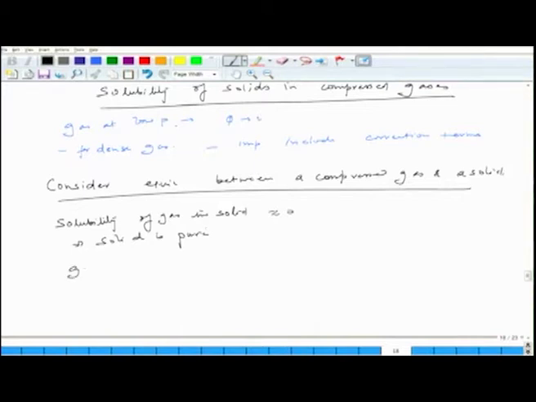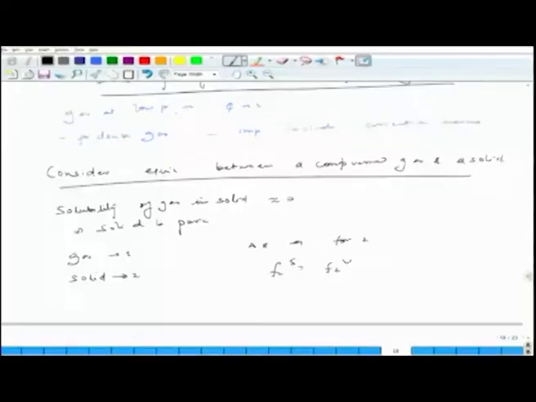So, we consider gas as 1 and solid as 2. At equilibrium, for 2, f of 2s is f of 2v, which means the fugacity of the solid component in the solid phase should be the same as the fugacity of the solid component in the vapor phase. That is what we are talking about.